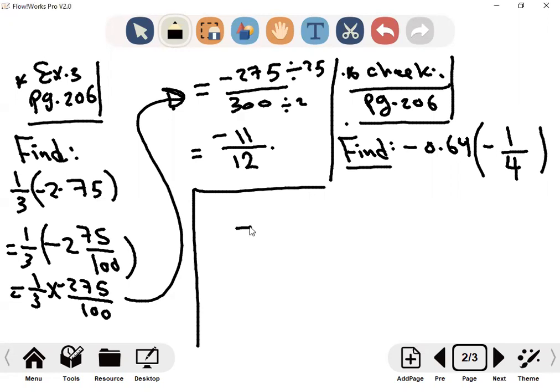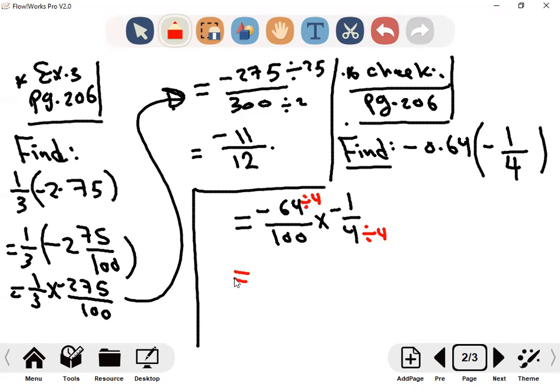Let's turn the negative 0.64 to a fraction. It will be negative 64 over 100, multiplied by negative 1 over 4. I will use the crossing. Focus with me a little. Now 4 with 64, how much? Divide by 4, divide by 4, right? Here will be 16 and here will be 1. Or you can multiply and divide normally. So here I will say divided by 4 and divided by 4.